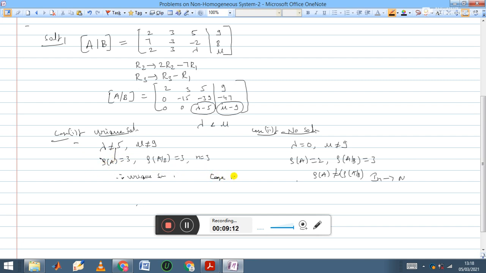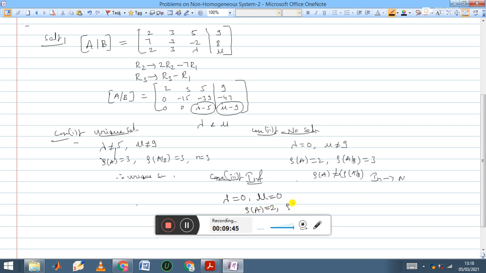Case 3. What is case 3? In case 3 you need to show it is giving infinite number of solutions. The infinite solutions condition is rank of A equals rank of AB, but it is less than n. So for that you make lambda value 5 and mu value 9. If lambda is 5, the rank of matrix A is 2.